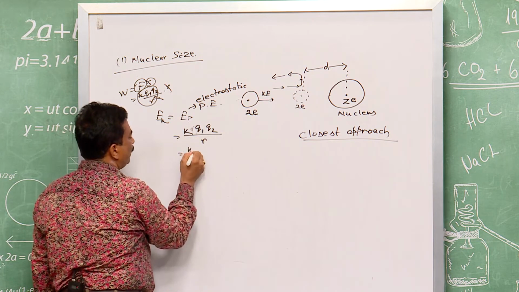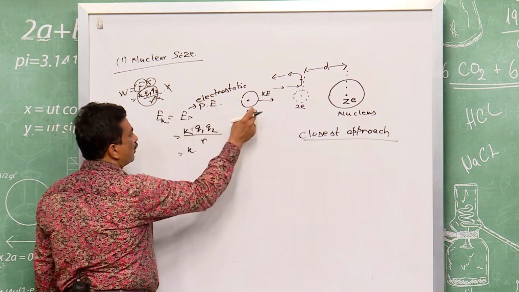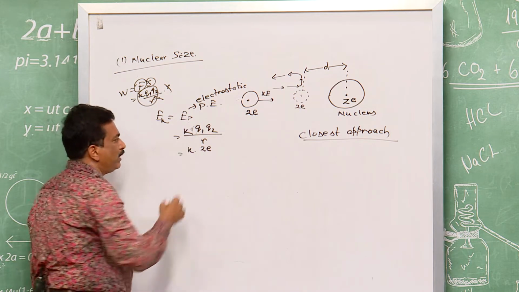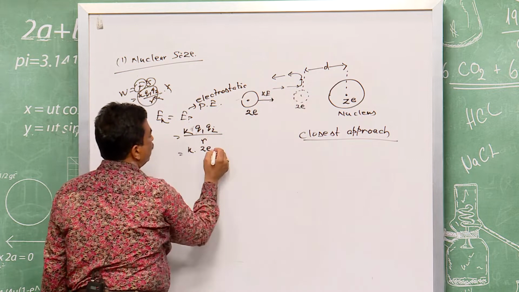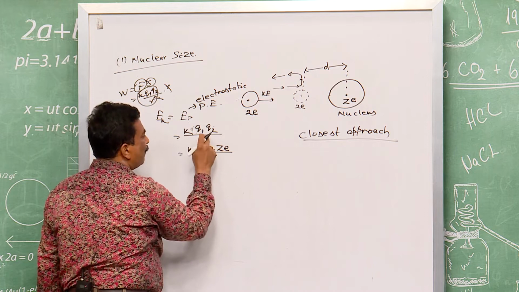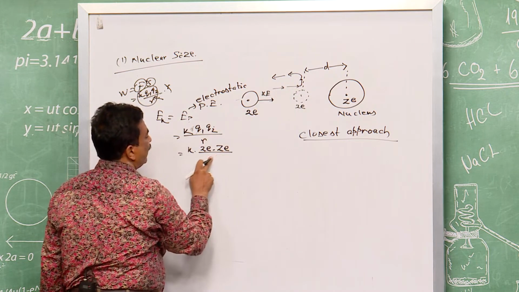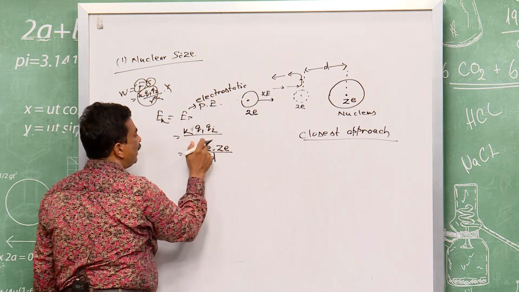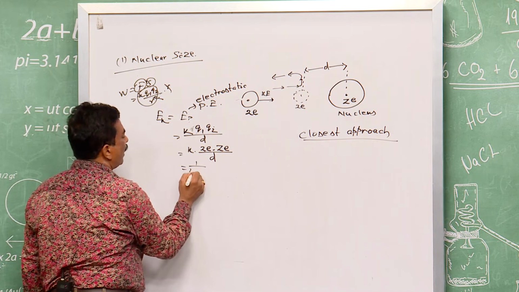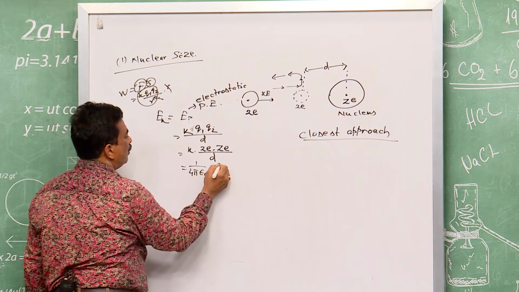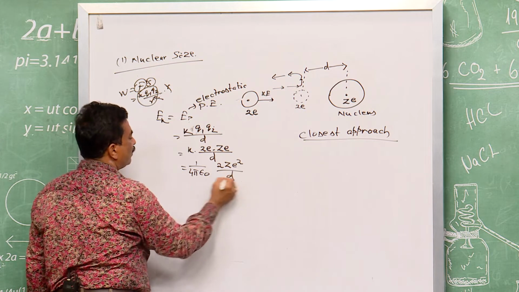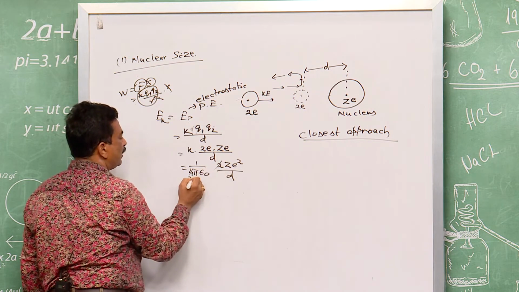So this K Q1, due to the one charge, helium, is 2e. Q2, due to the nucleus, is Ze, divided by R, but this R here we have taken as d. So this is equal to 1 by 4 pi epsilon 0 times 2 Z e square by d, and this 2 with the 4 cancels.